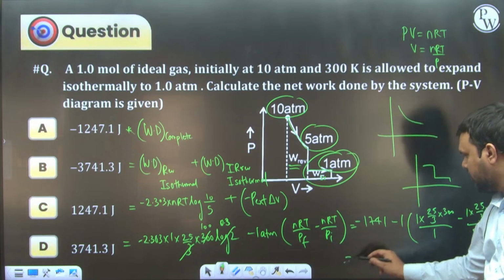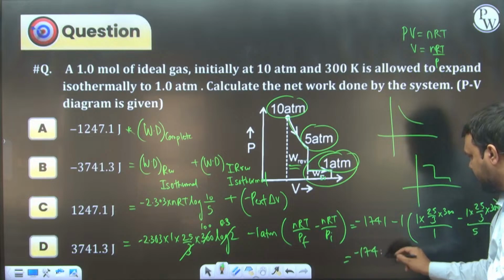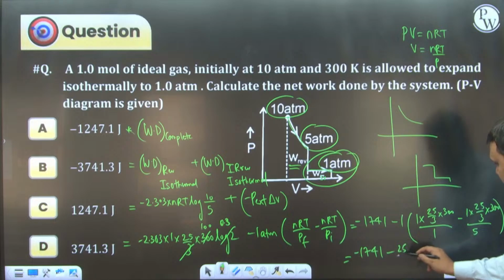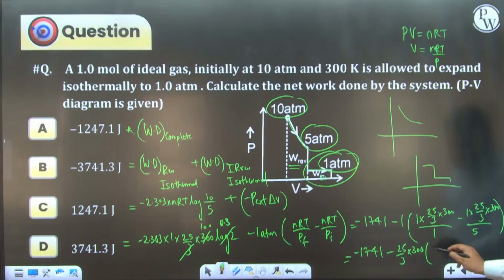So final step, in this 25 by 3, I am taking it as common into 300, and inside we are getting 1 minus 1 by 5.